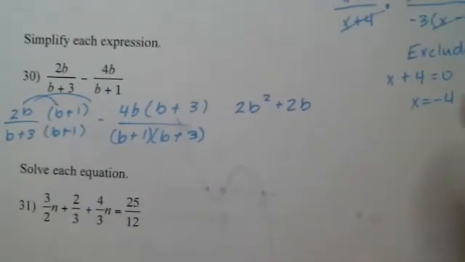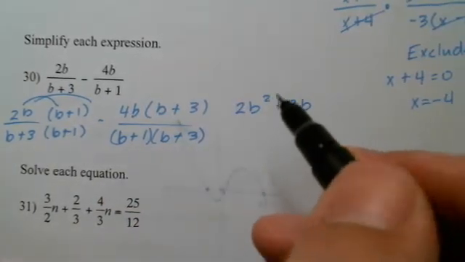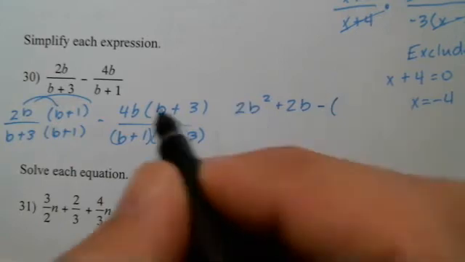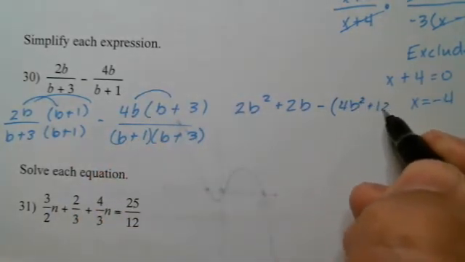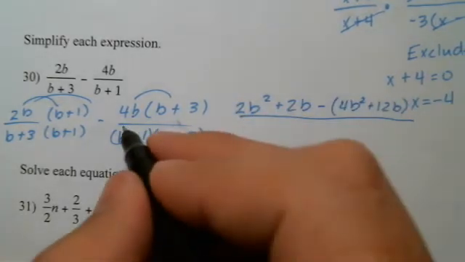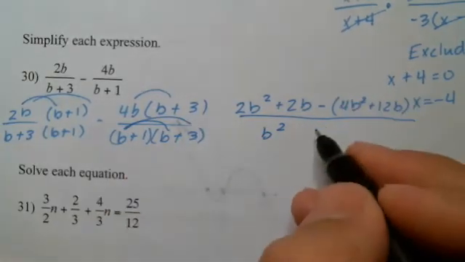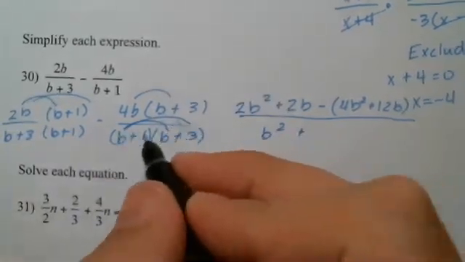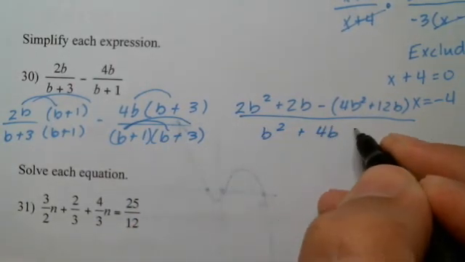And then keep in mind, we're going to have to say minus and then whatever here: 4b squared minus 12b. And that's all over, first would be b squared outside. Outside is 3b, inside is 1b, so we know that's going to be 4b plus 3.